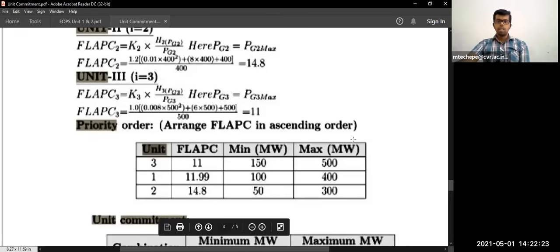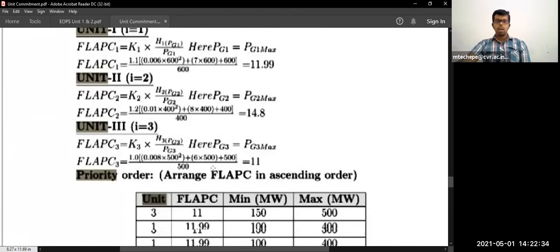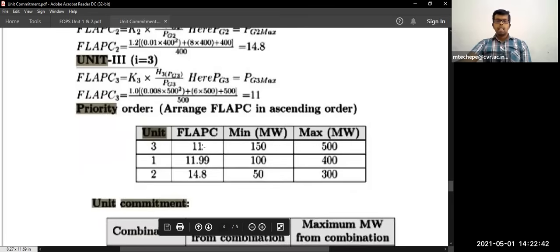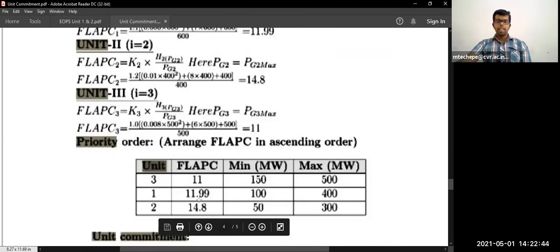So you have to frame the table like this: unit, FLAPC, minimum megawatt and maximum megawatt. So 3 is 11, then 11.99, then 14.8, sorted in ascending order.